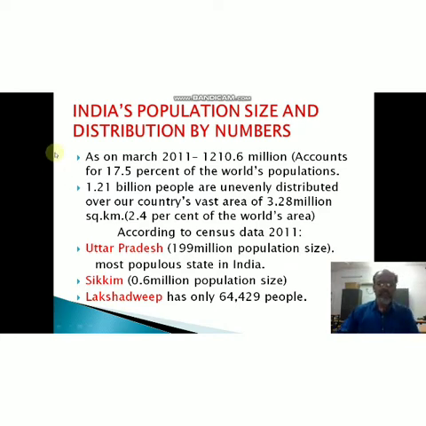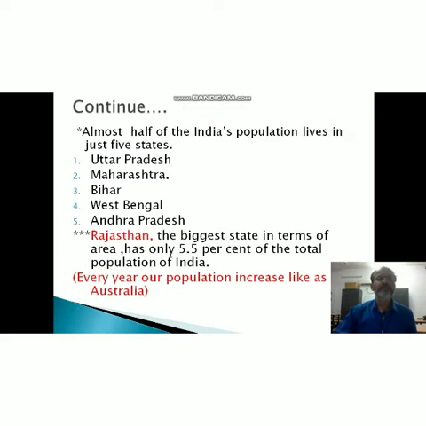Lakshadweep has only 64,429 people. Almost half of India's population lives in just 5 states. We will know the 5 states: Uttar Pradesh, Maharashtra, Bihar, West Bengal, Andhra Pradesh. These 5 states have almost half of India's population.